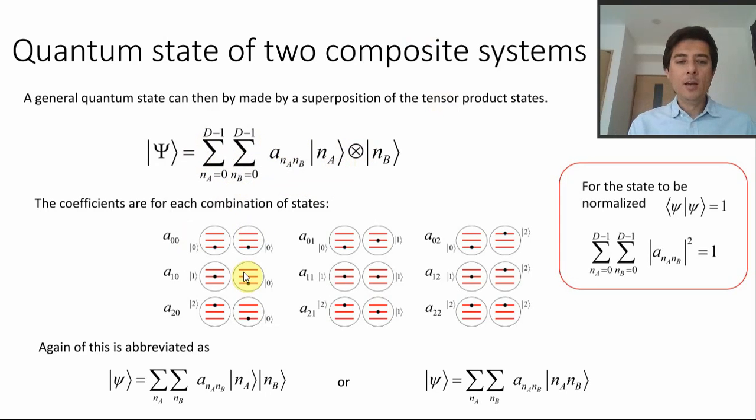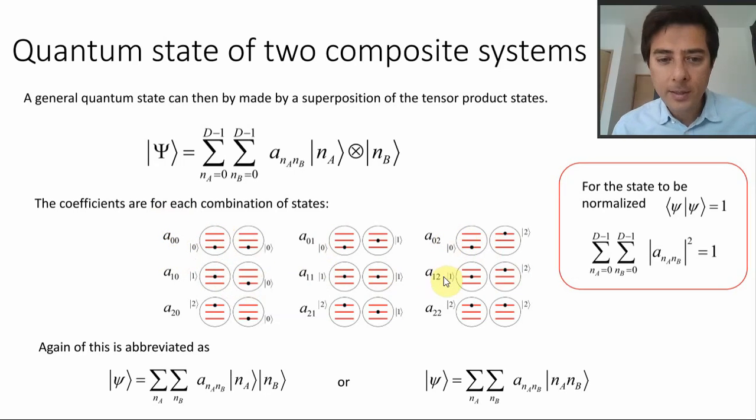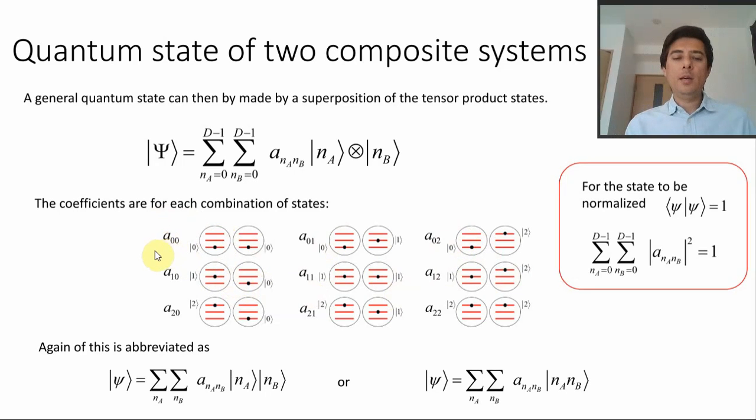So in the case of the 3-level atoms, each one of these combinations has some weighting, denoted by this thing A, with two indices here, and each of those coefficients is of course complex, and then we add all these terms together.